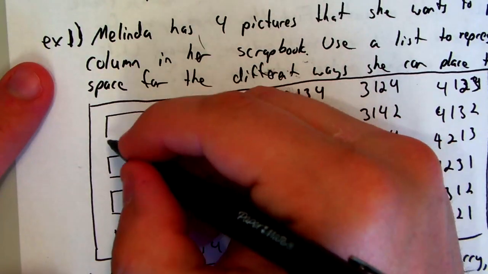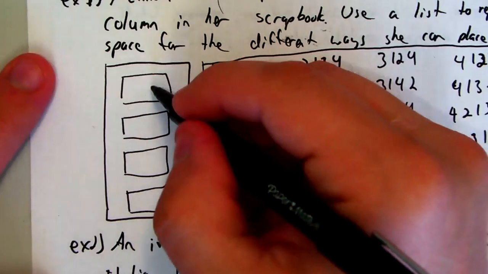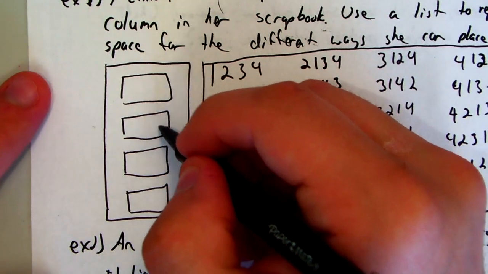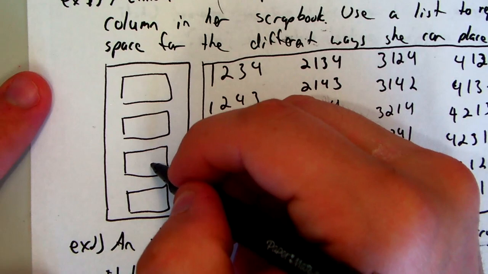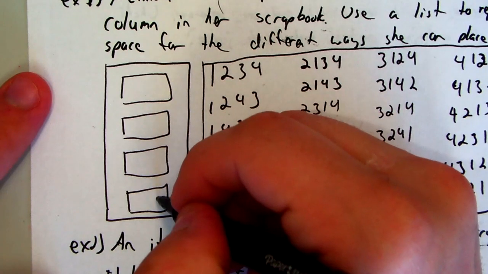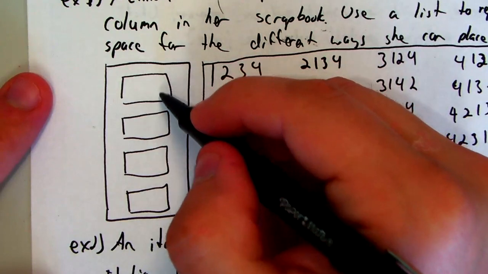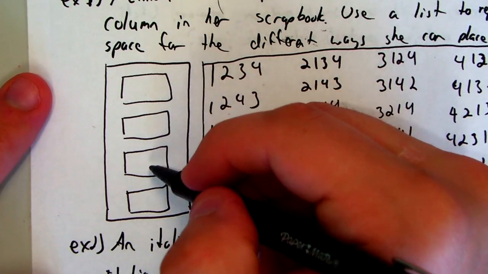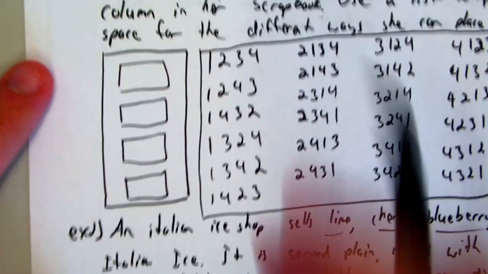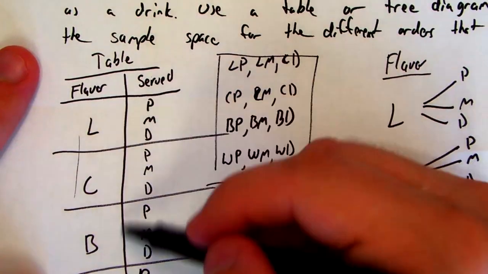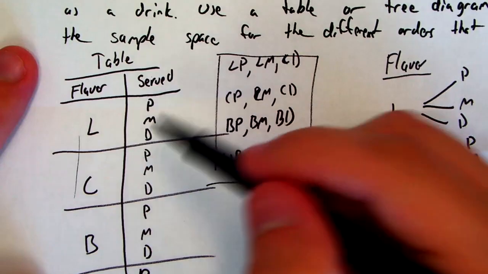There are 4 pictures that could be chosen here. Once one of them is chosen, we only have 3 for this one. Once one of them is chosen, we only have 2 for this one. And then it makes our job really easy to choose our last one. That's a compound event because we have 1/4 here, and then we have 1/3 and 1/2 and 1. Here, this is a compound event. You can choose a flavor and then how it's served.